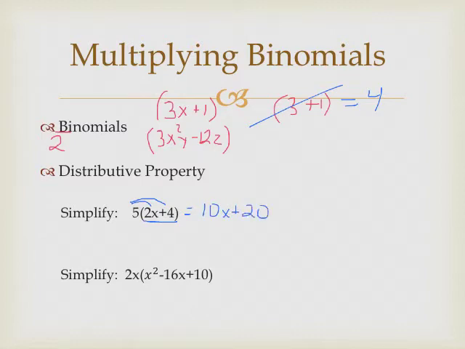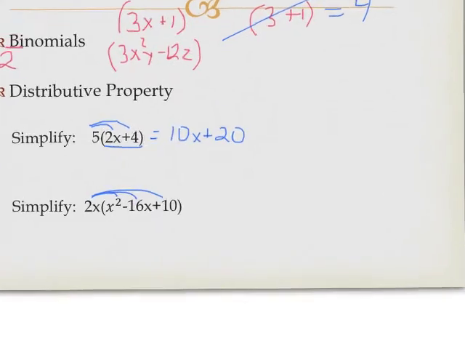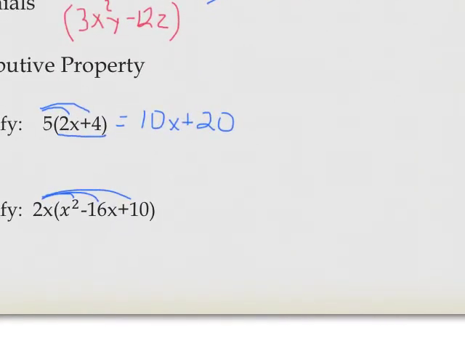Okay? And it could be something much larger than that as well, where if you look down here, this is going to be 2x times all of these. Okay, so it has to be distributed basically 3 times. And so what we're going to get here is 2x times x squared plus 2x times negative 16x plus 2x times 10.